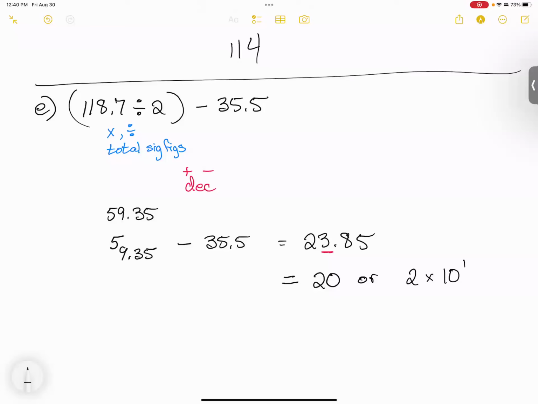Because I need that placeholder. 20 people is a lot different than 2 people. So you can't just give me the 1 digit and be done. You had to record it as 20 with no decimal point, which means there's only 1 significant digit, or as 2 times 10 to the 1, which means there's only 1 significant digit.